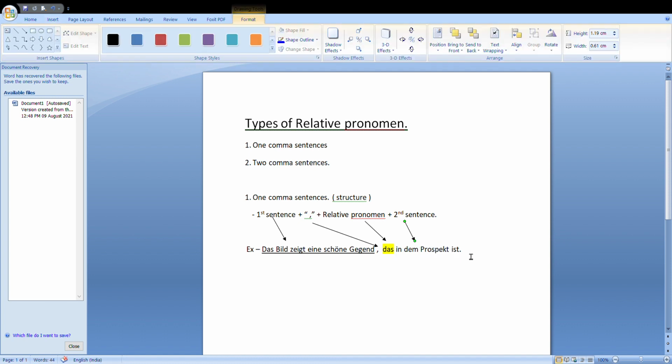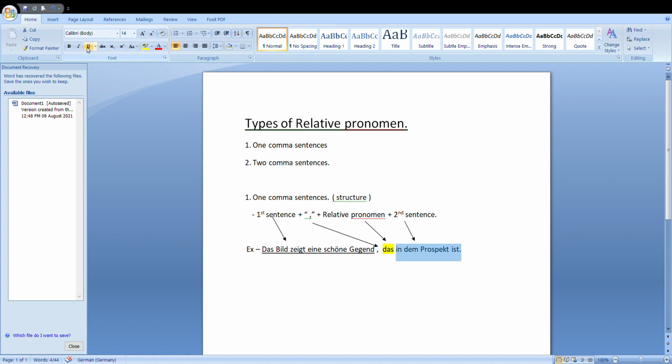Okay, so I hope you can easily understand with the help of these arrows how this structure is built. We have the first sentence, then a comma, then a relative pronomen, and then a second sentence.